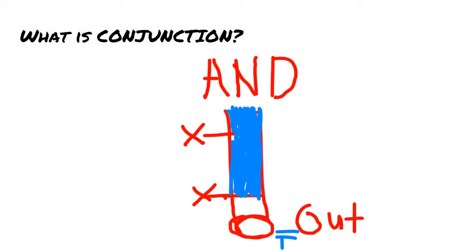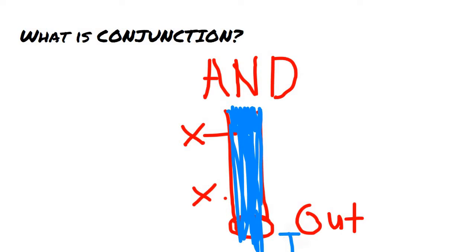For it to be true, the requirement is both valves should be open. When that happens, water can flow freely and the output will become true. So that's a visualization for the conjunction.